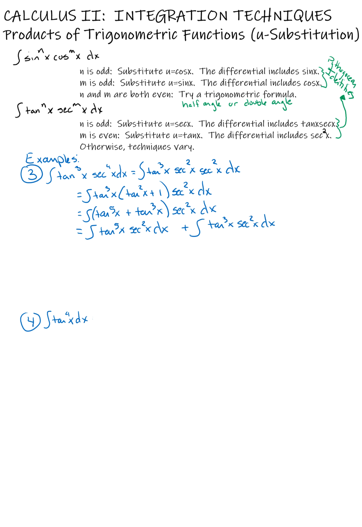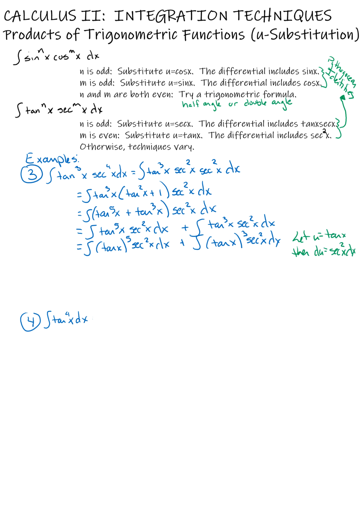All right, well, what we really have is tangent x to the fifth power in the first integrand and tangent x to the third power in the second integrand. And this allows us to do our u substitution. If we let u equal the tangent of x, then we know that du is secant squared x dx. And that is exactly what I want.